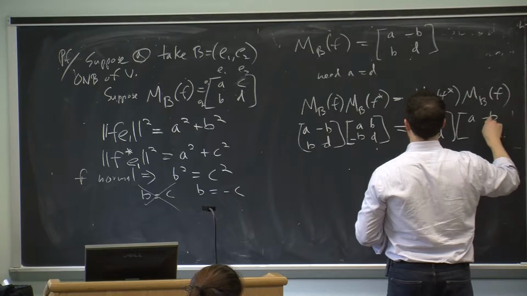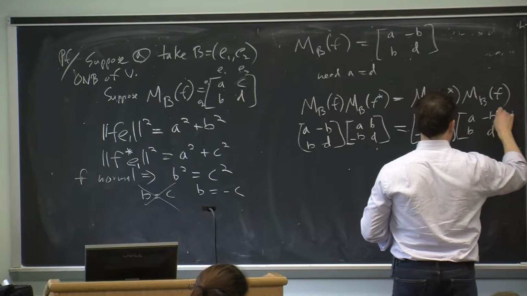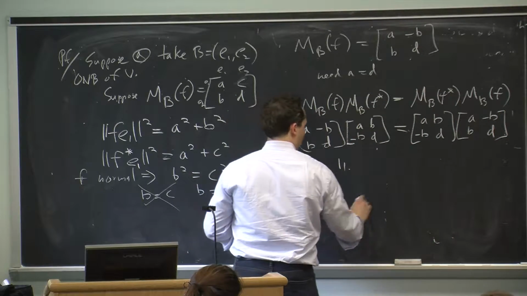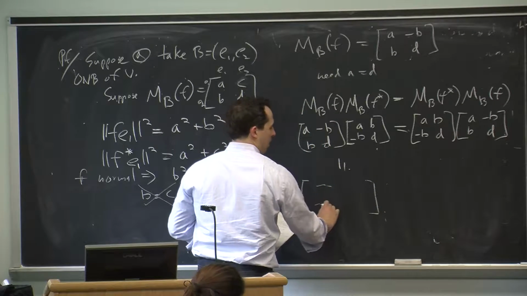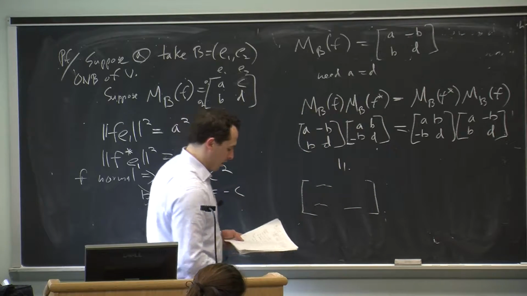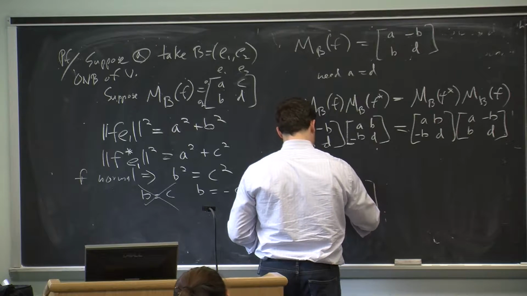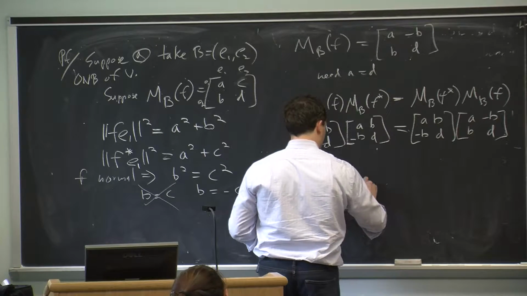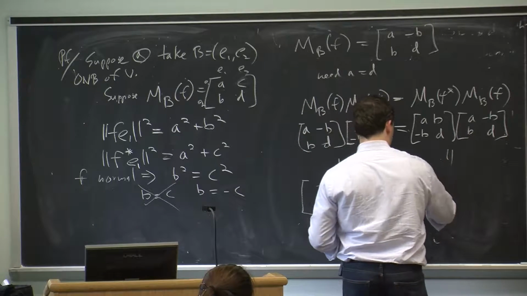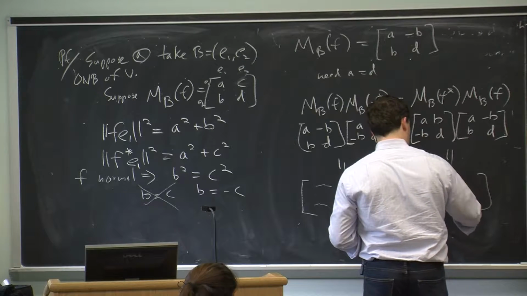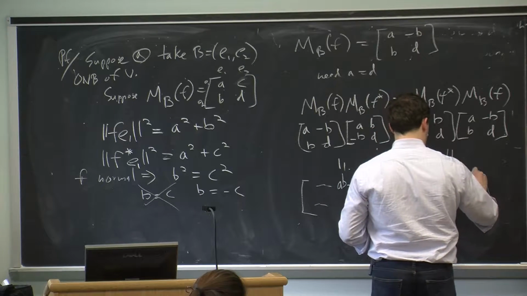If you multiply those out, there's something here, something here, something here that we don't necessarily need to worry about. In this entry, I get AB minus BD, and on this side, similarly in the top right entry, I get BD minus AB.